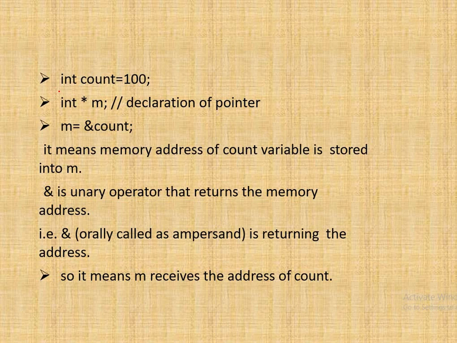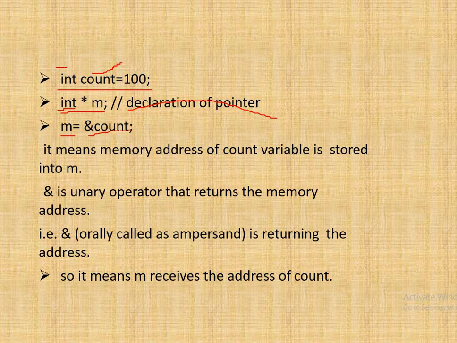Suppose we have one variable, int count = 100. After that we have a pointer variable, int *m. This is the declaration syntax of a pointer. It means m is a pointer variable which can hold the address of an integer type variable. So what we are doing is m = &count, because count is an integer variable, so the address of count can be stored in m.